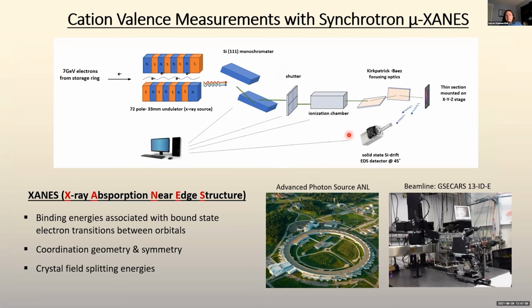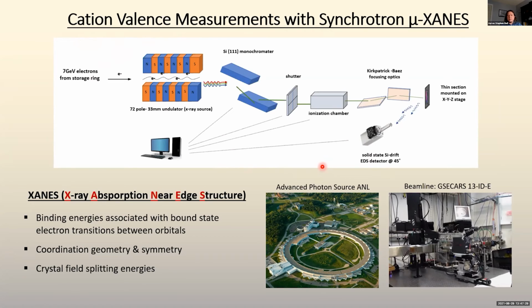I'll just briefly go over this. A lot of people have already shown slides like this. This is just a little schematic of the beamline, 13-ID-E at GSECARS at the Advanced Photon Source. This is where all of the data I'm going to show today came from. We can measure chromium valence using X-ray absorption near-edge structure spectroscopy.